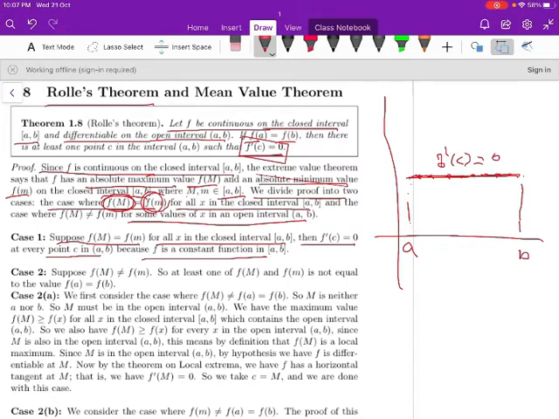So at every point in the interval, f dash of c is 0, because this function is constant. Therefore the maximum value f of M and the minimum value f of m are the same for all x in the interval, because the function is a constant function.